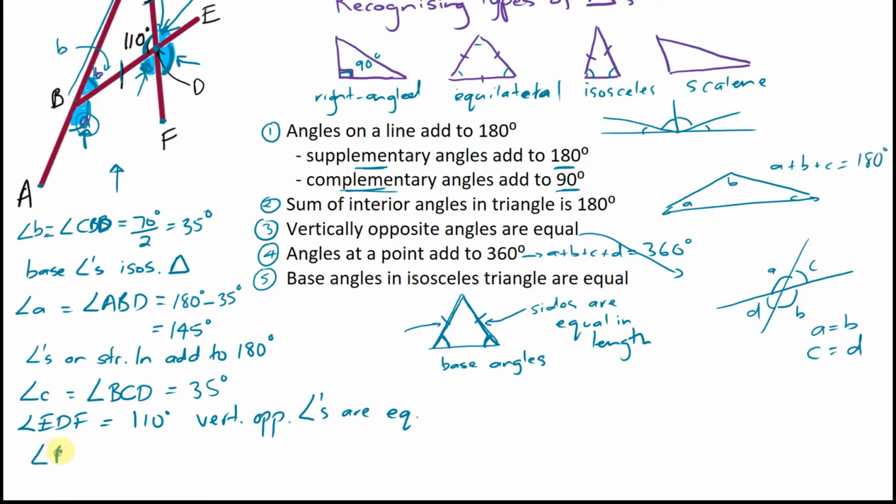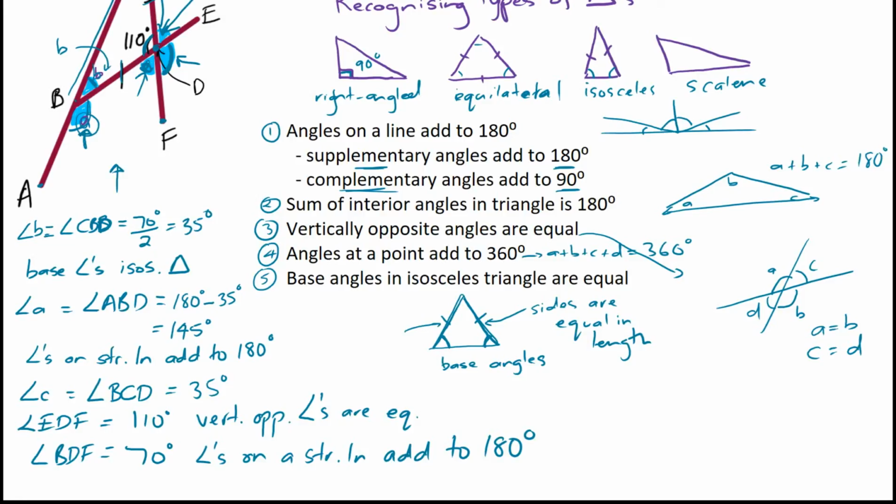So angle BDF is equal to, if you look at the diagram, it's on a straight line. We know that this angle here is 110, so this angle must be 70 degrees. Okay, and that's angles on a straight line add to 180.